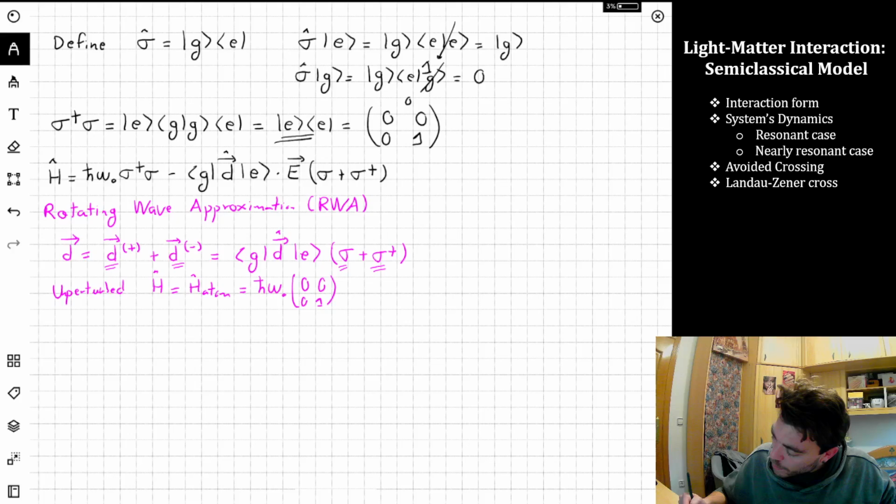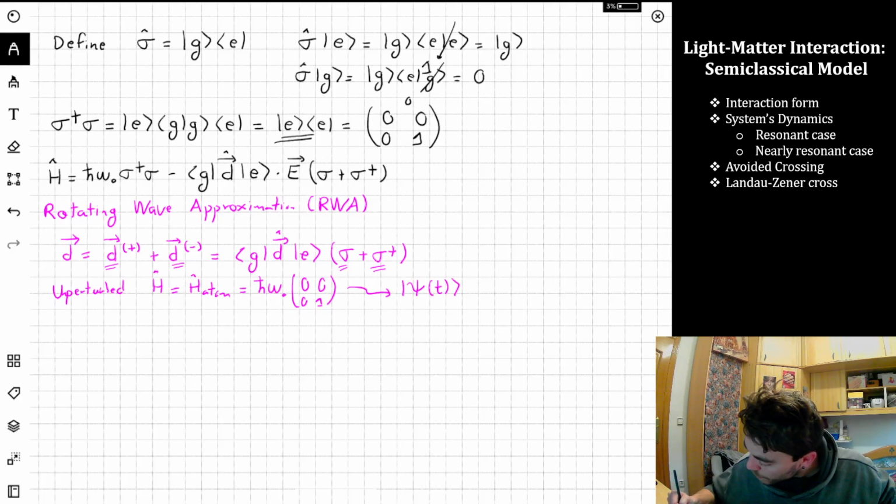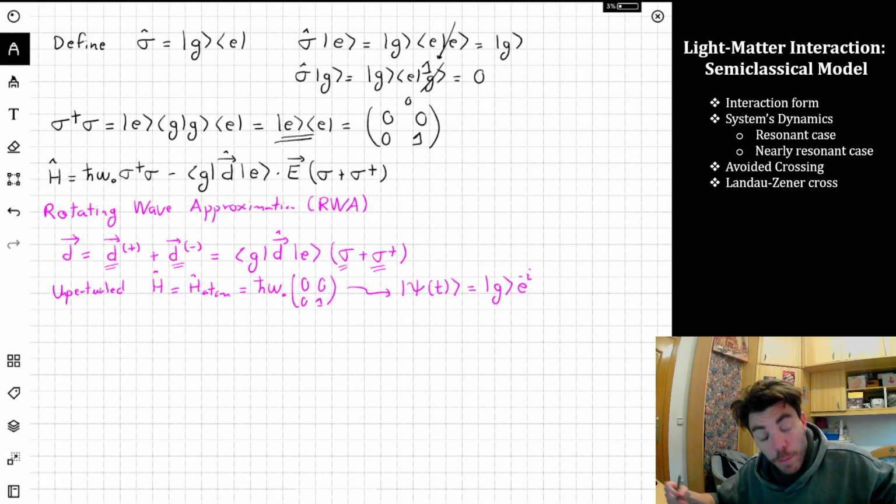Since it is already solved, the states of this Hamiltonian evolve in time as the ground state times e to the minus i times its frequency, but the frequency is the energy, and the energy of the ground state is 0, so 0t, plus the excited state times e to the minus i omega 0 t, because the frequency of the state E is omega 0.